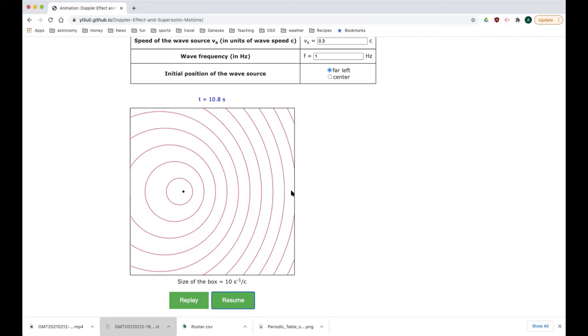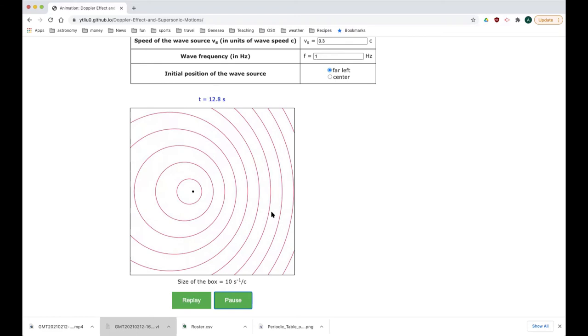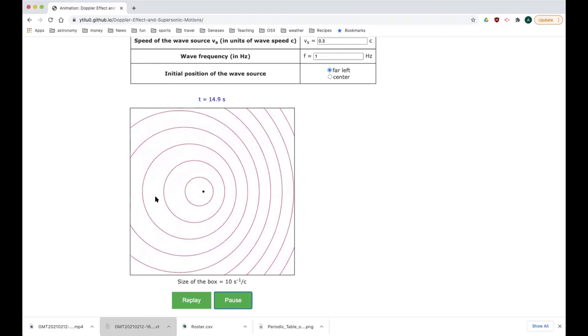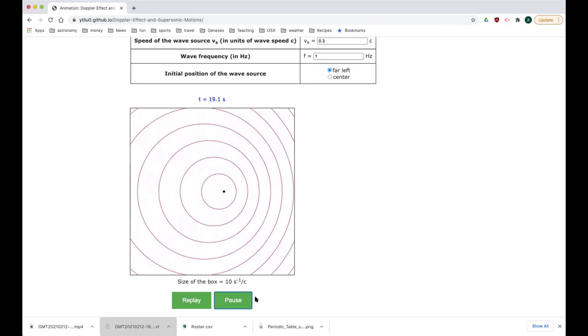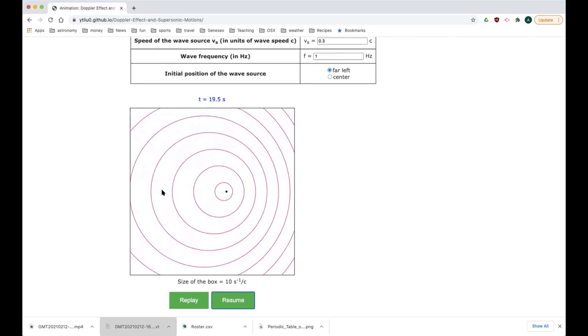Somebody standing over on this side of the box will experience those waves traveling towards them, and that person can measure the wavelength of that wave as it comes along. They will measure some number for it. Somebody standing over here will do the same thing and measure the waves as they come along, and they'll measure different wavelengths.